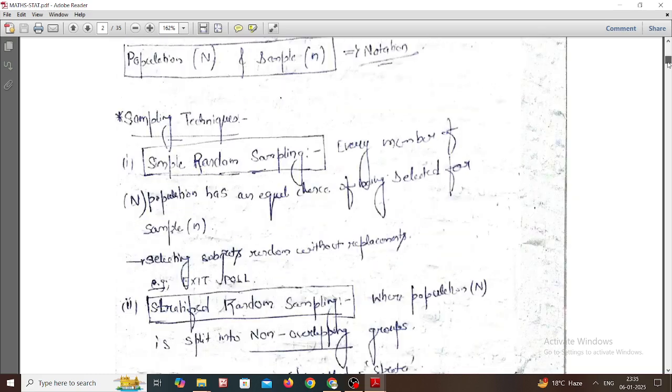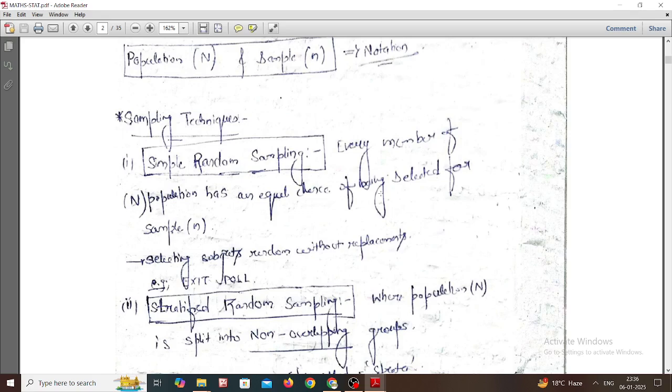Now, sampling techniques. Simple random sampling. This is the first sampling technique, where every member of the population, that is capital N, has an equal chance of being selected in the sample n. So it basically means selecting subjects randomly without replacement.